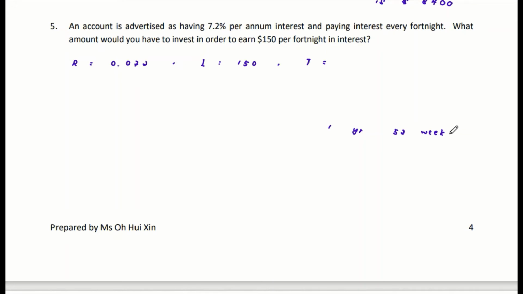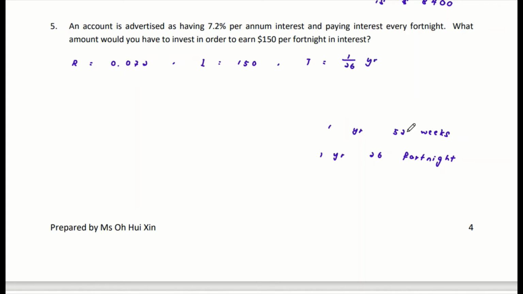Okay, so if we talk about a fortnight, meaning once every 2 weeks, right? Then for 1 year, you have 26 fortnights, because 52 weeks divided by 2. So if we want to change 1 fortnight into a year, then it will be 1/26 year. All right, that's the idea.